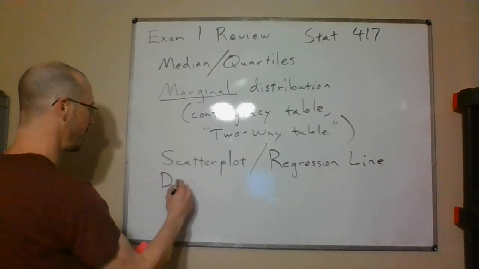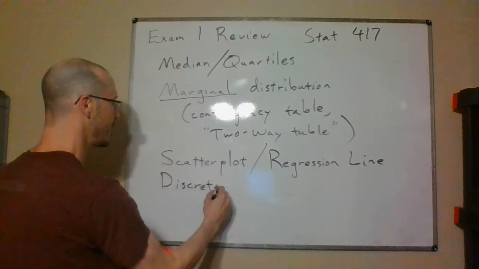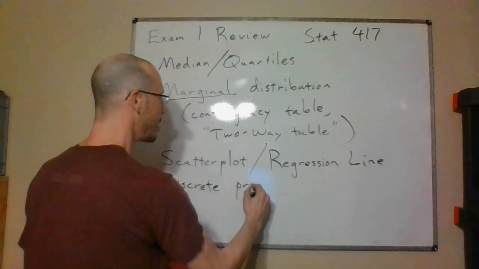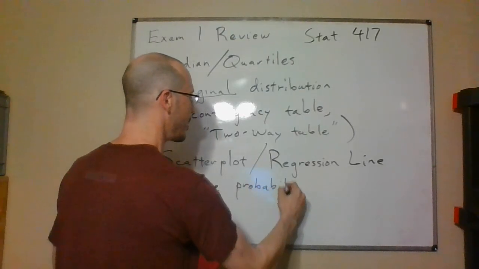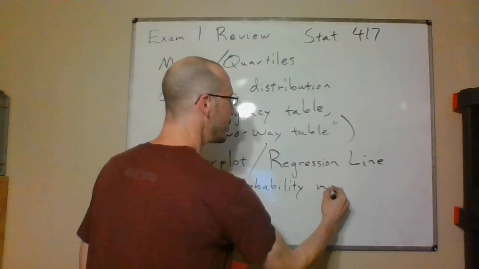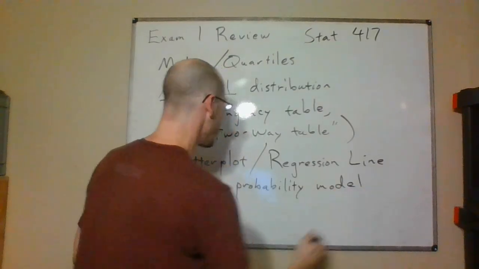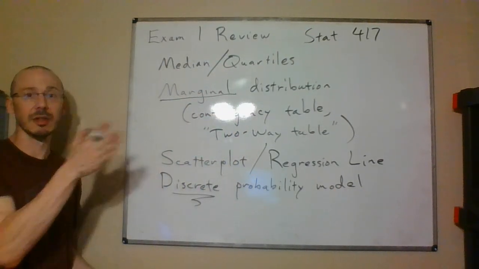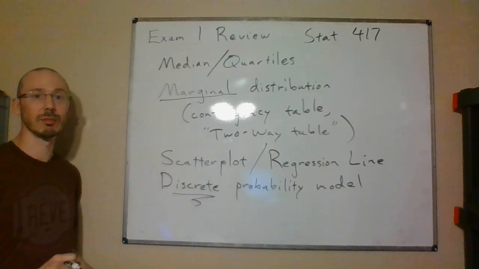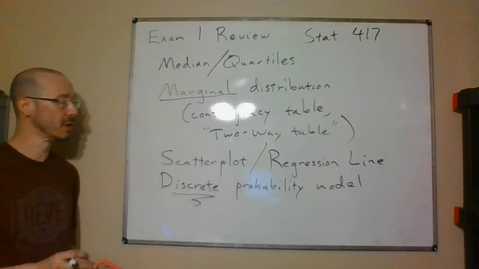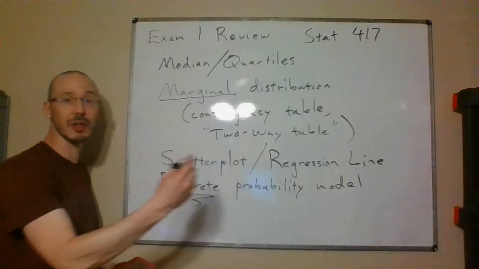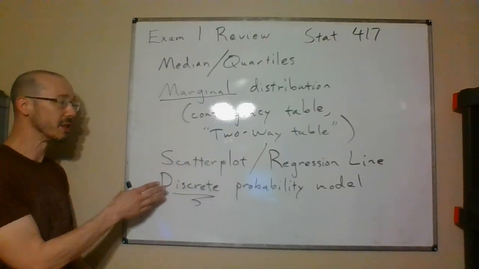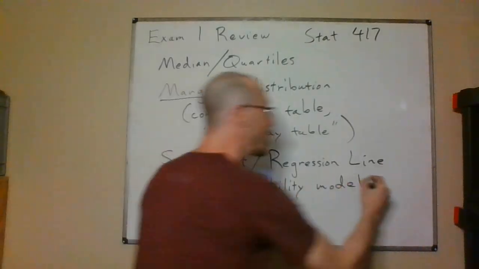The discrete probability model. So this is a discrete situation. As a discrete variable, it can only have certain quantities, certain outcomes, not a continuous variable where it's a real number. So this is the kind of thing we see in a table.